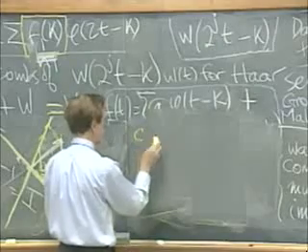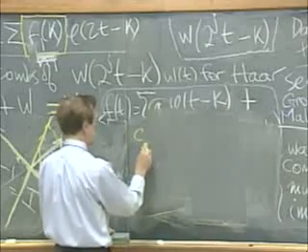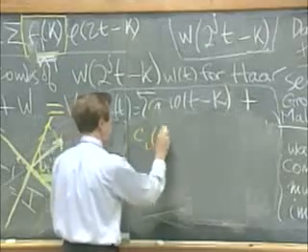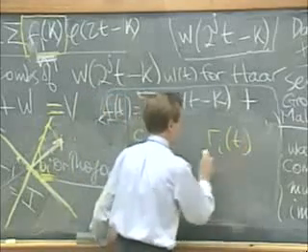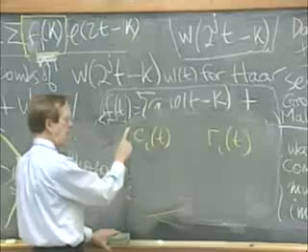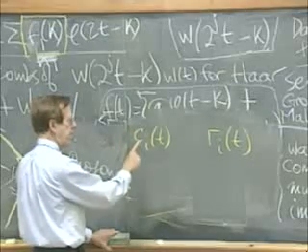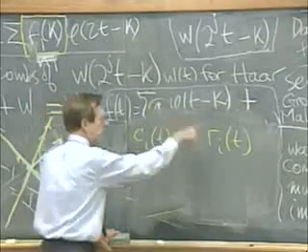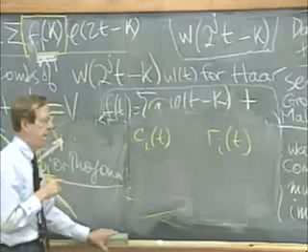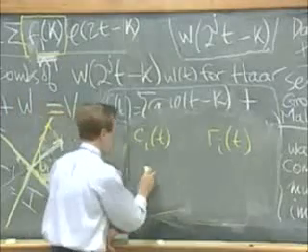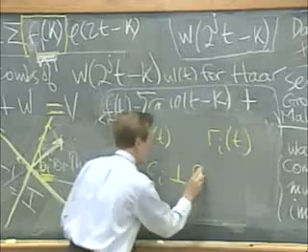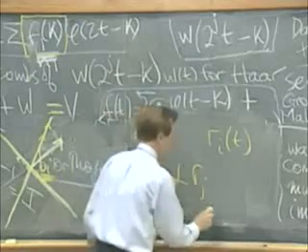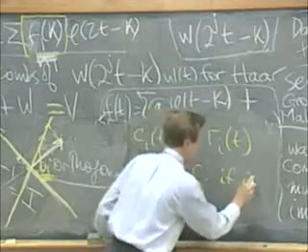So some functions Ci of t, and some other functions Ri of t, and these guys are orthogonal to those guys, meaning that Ci is orthogonal to Rj if i is not j.